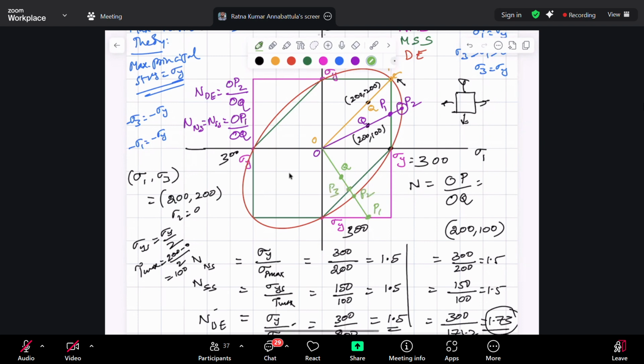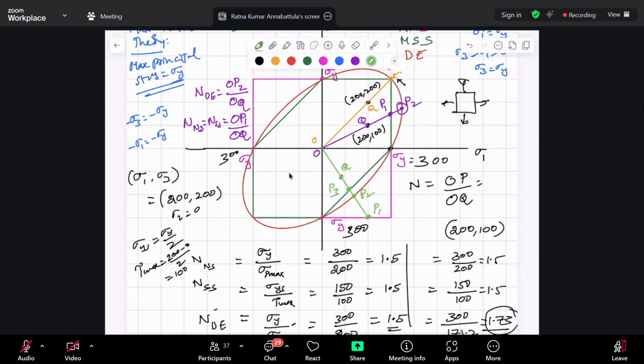So, what is the factor of safety for normal stress theory? OP1 by OQ. What is the factor of safety for shear stress theory? OP3 by OQ. And distortion energy theory will be OP2 by OQ. Correct? So, depending upon how your stress state is, the factors of safety for all three theories can be different.